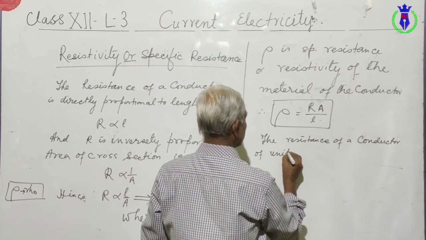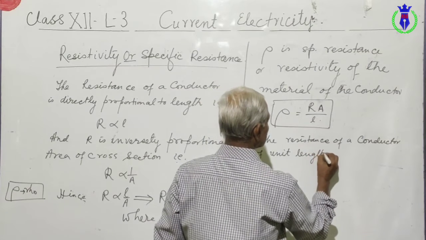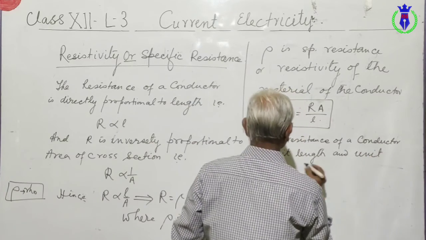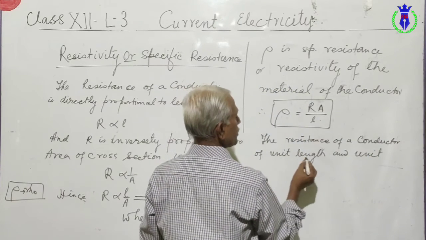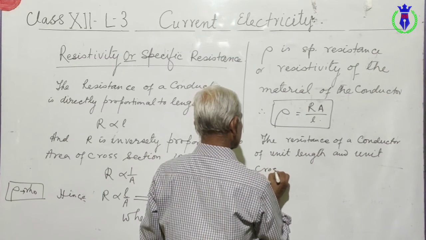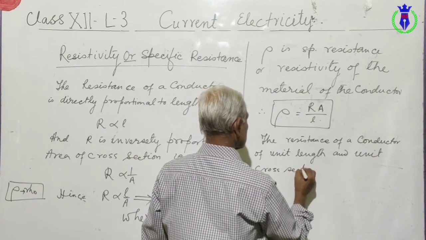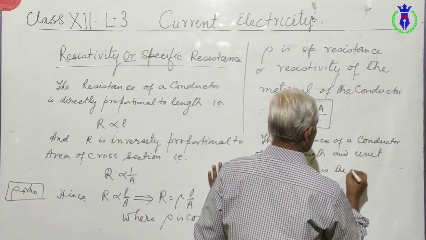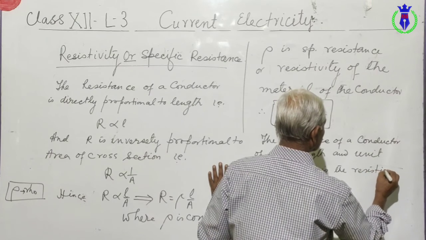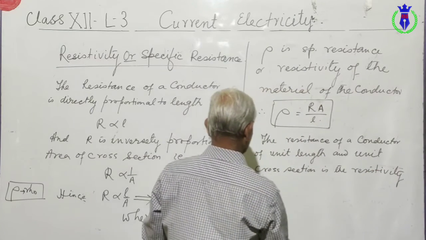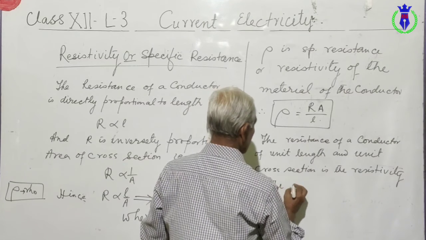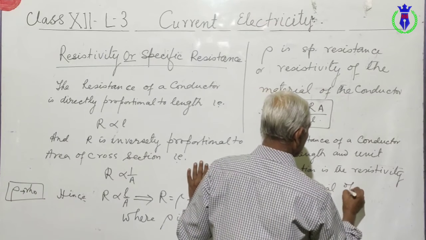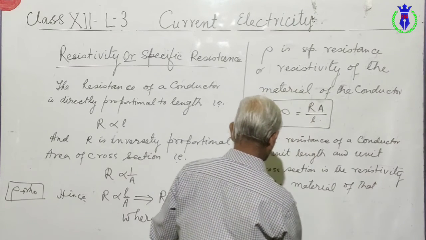The resistance of a conductor of unit length and unit cross section is the resistivity of the material of that conductor.